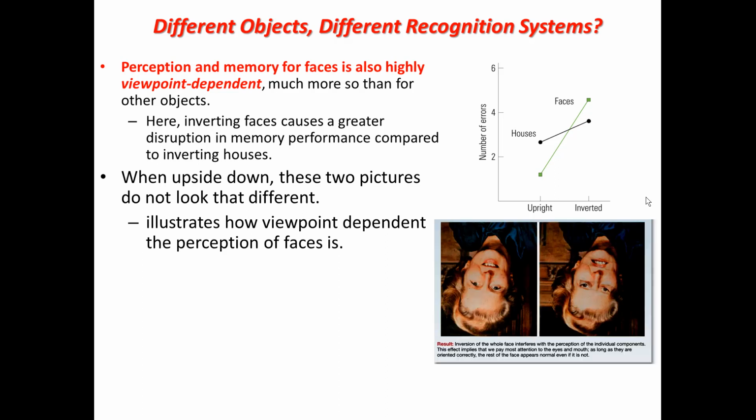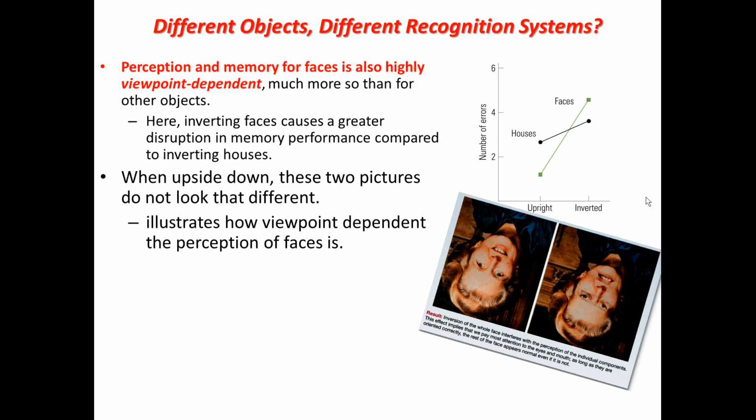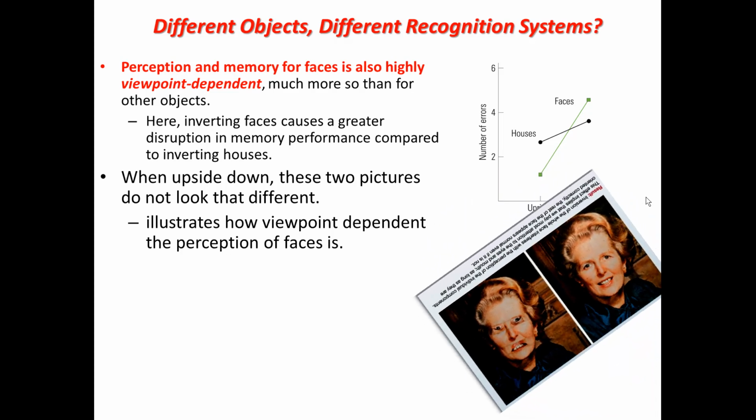Look at this image. These are two inverted faces. You may or may not recognize this as Margaret Thatcher, an ex-Prime Minister of England. When you look at these two faces, you see that her inverted image looks fairly normal, both on the left and the right. Now, I'm going to turn these images upright. Let's see what you think of it.